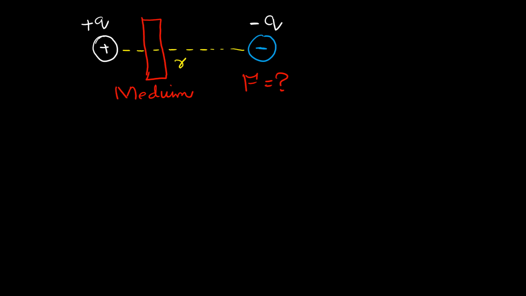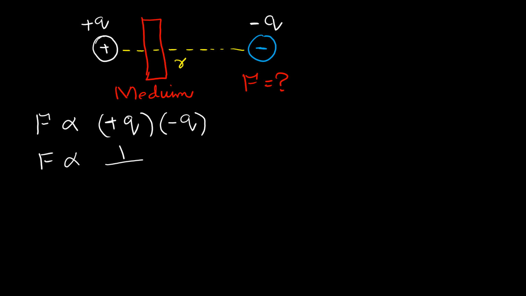According to Coulomb's law, the force of attraction for these charges is directly proportional to the product of the magnitudes of the charges, and inversely proportional to the square of the distance between them.